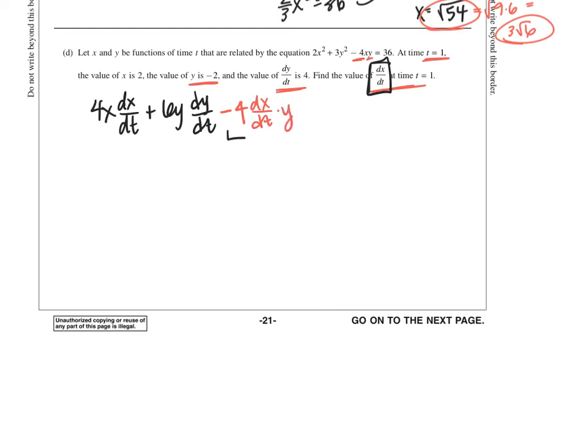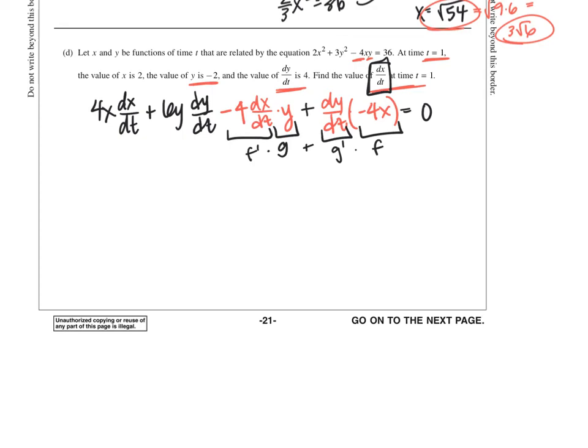This was f prime, this is my g. Plus, now we need g prime: the derivative of y with respect to time is dy dt times my f, which is negative 4x. Just a reminder, this was g prime times f. The derivative of 36 is 0.